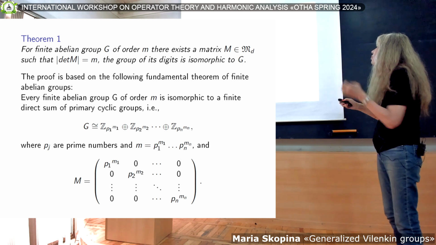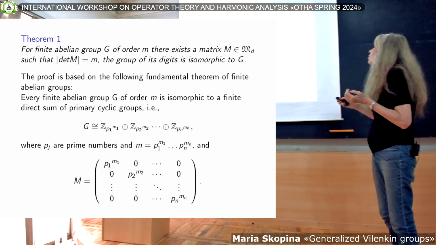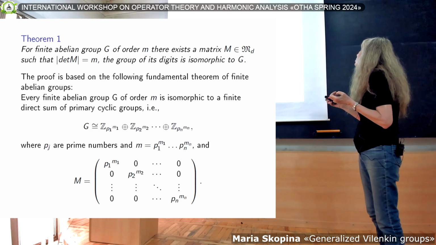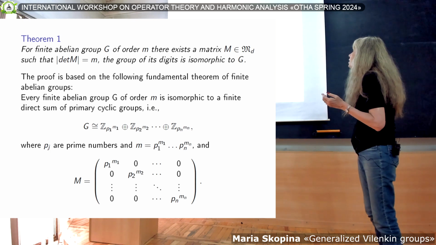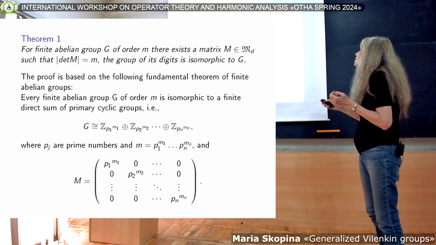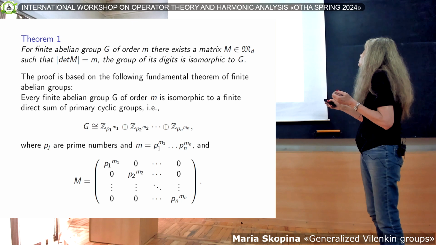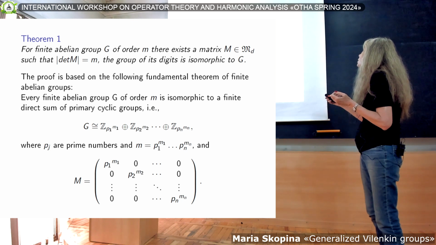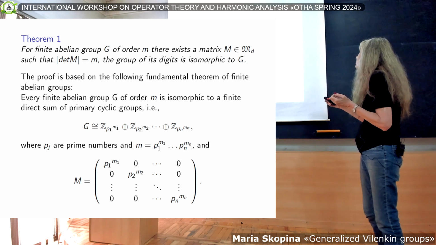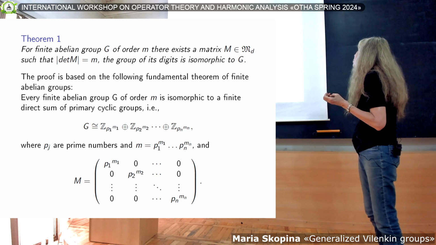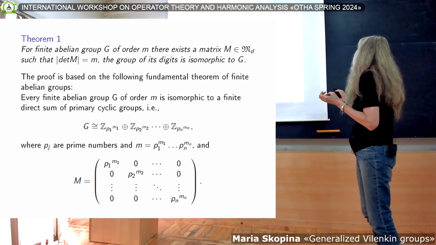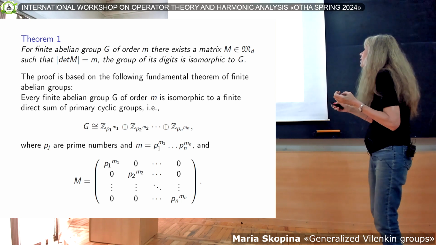So the following theorem: for a finite abelian group G of order M, there exists a dilation matrix M, such that the absolute value of its determinant is just equal to M, and the group of digits is isomorphic to G.